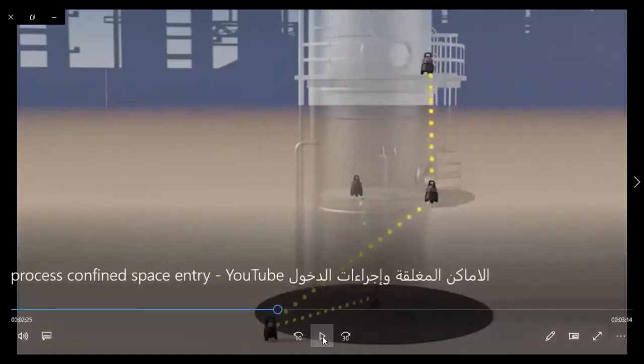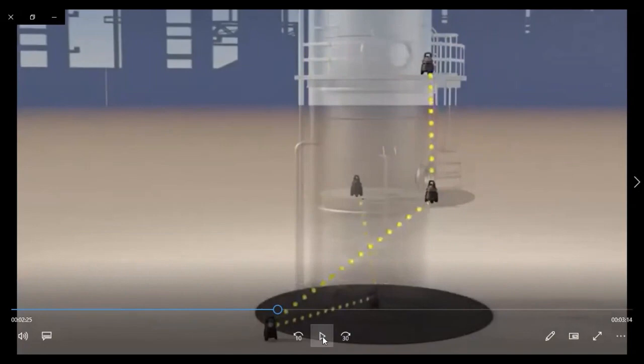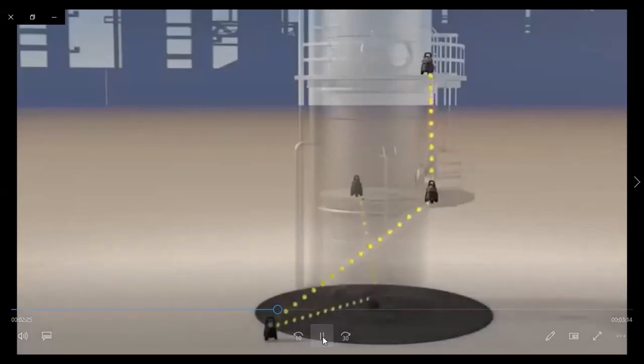This connection between all this device is to transfer the alarm to the outside device.